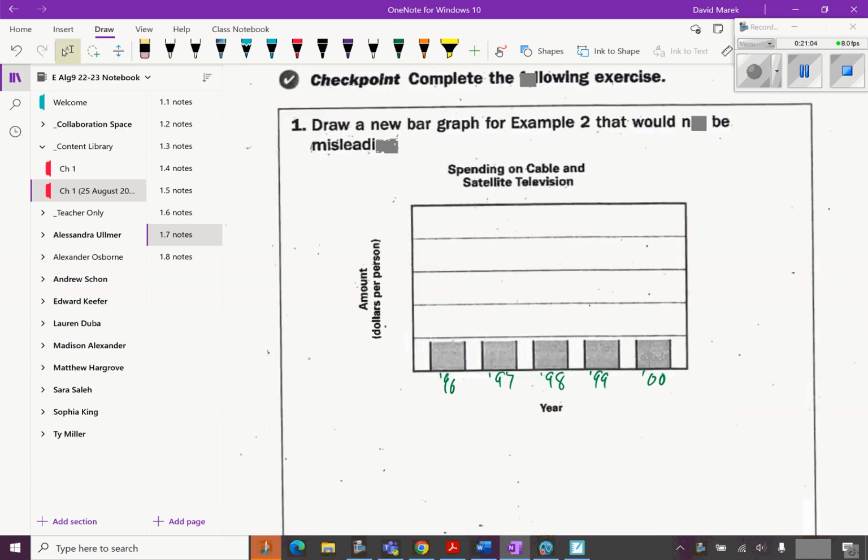I would say my best bet is probably to say that this is 50, 100, 150, and 200. You may have a slightly different scale, but hopefully you didn't put a break in there like they did for theirs.